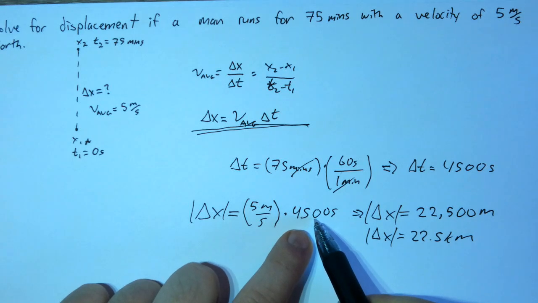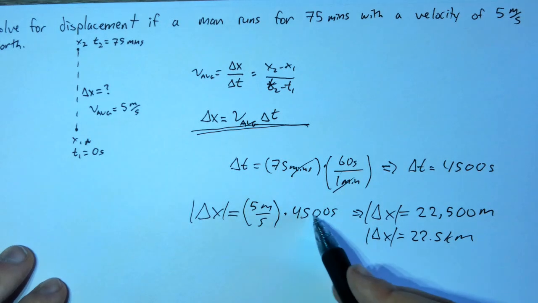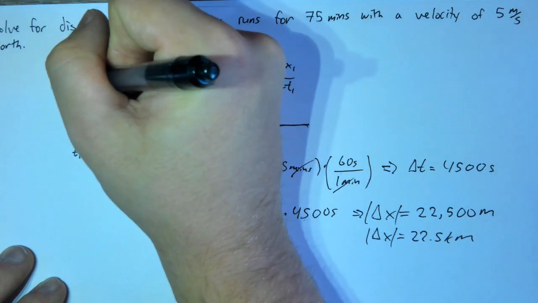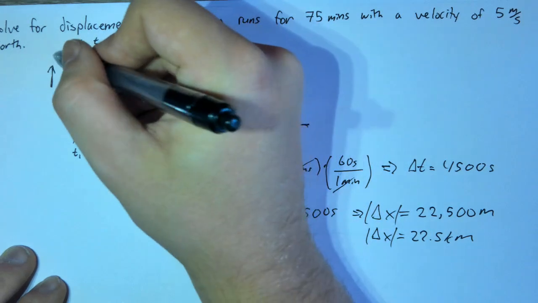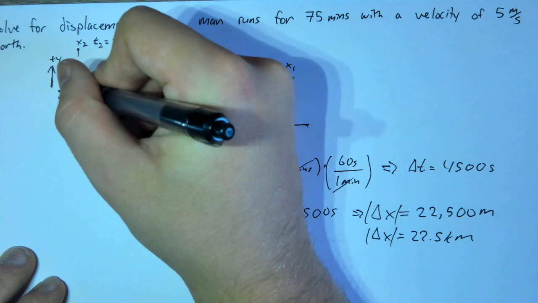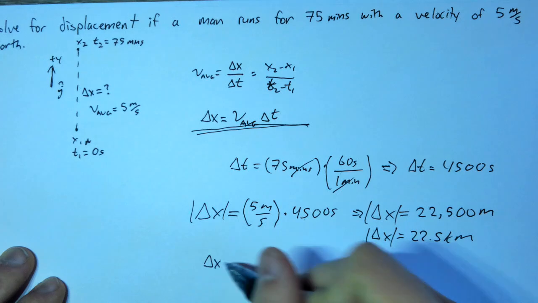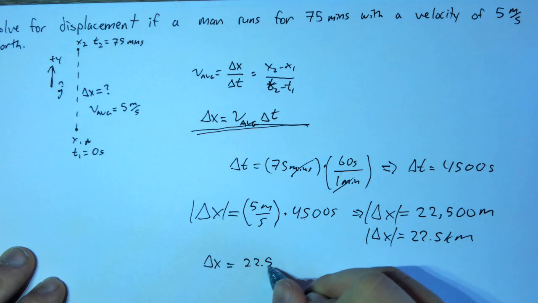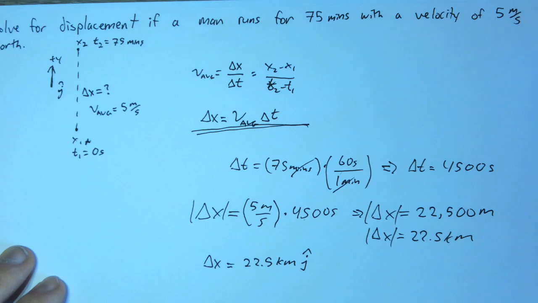Time is a scalar, velocity is a vector, and so a vector times a scalar is a vector. So if I wanted to write, let's say, we call this the positive y direction, so plus y, or in our unit vector notation, this would be j hat. I could write that delta x is equal to 22.5 kilometers j hat.